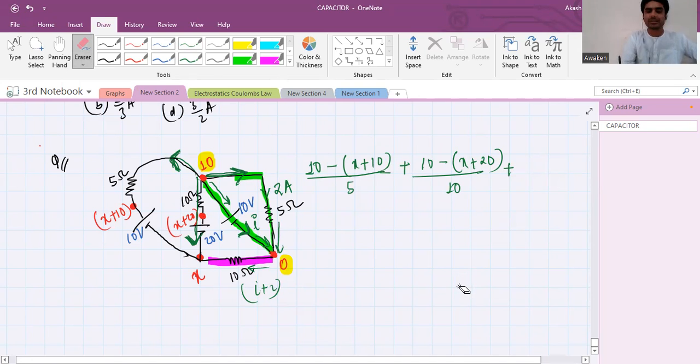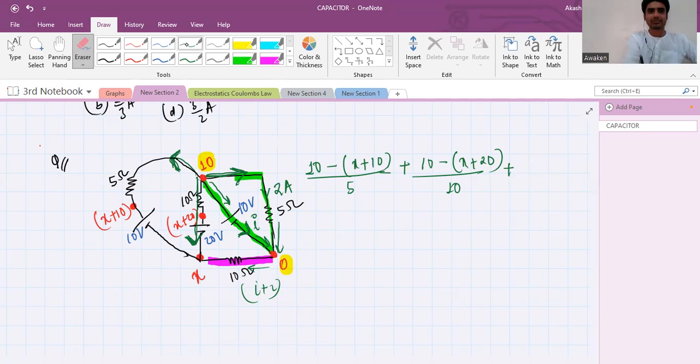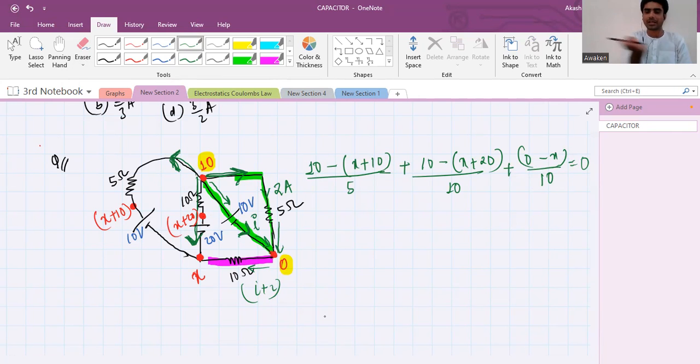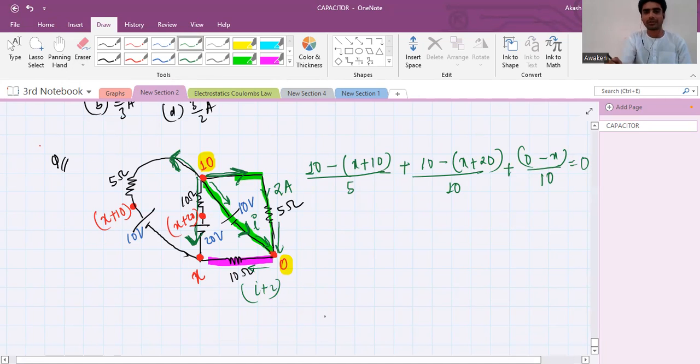So I'll directly write the current in the pink branch going away in this fashion, because it is easier to write in terms of x. So it is 0 minus x by 10. I'm assuming the direction like this, and finally the pink branch will have current flowing from 0 to x, because current has to go outward. That's what we assume.